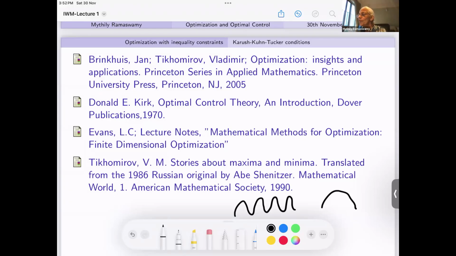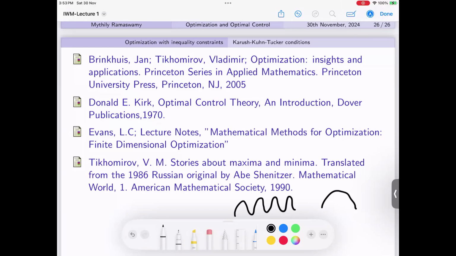Of course, they don't go very deep into the other topics, but for finite dimensional optimization, a lot of wonderful practical examples are there. Donald Kirk is more of optimal control, but he has an initial chapter on finite dimensional. And Tikhomirov talks a lot about the history, maxima, minima. Most of my historical things I had borrowed from Tikhomirov.